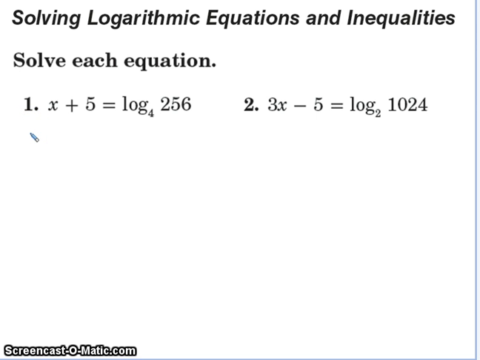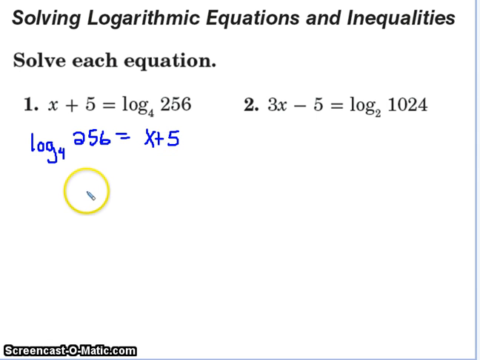For solving logarithmic equations and inequalities, we are going to first start and think about what our relationship is with logarithms. If we want to go back to the original way that we had them set up, then some of you may need to put the log on the left-hand side because most of our problems were written in that way.